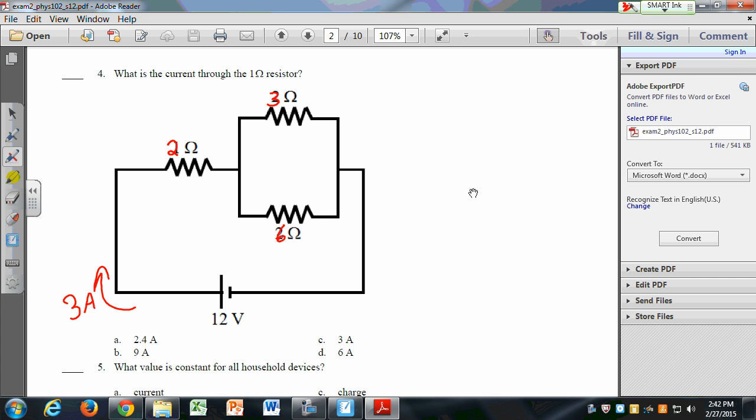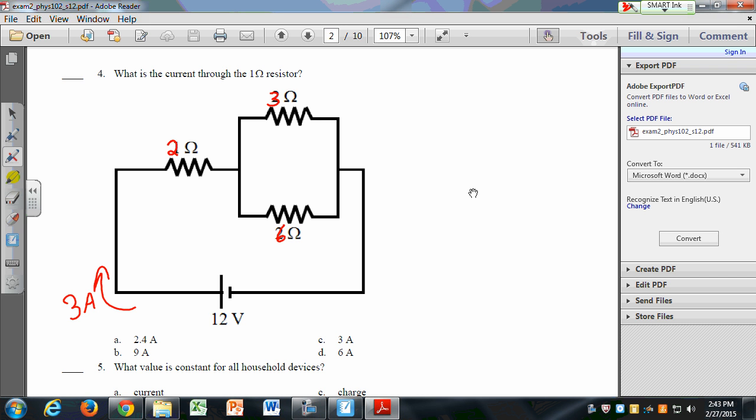And then 2 and 2 gives me 4. So as my current travels through this circuit, I get 3 amps here, and then it splits into 2 pieces. One of them will get a bigger current, and one a smaller current. Because they're different by a factor of 2, one of them is going to get twice the current of the other. So 2 numbers, one of which is twice the other, that add up to 3, is what? 2 and 1. So one of them is going to get 2 amps.